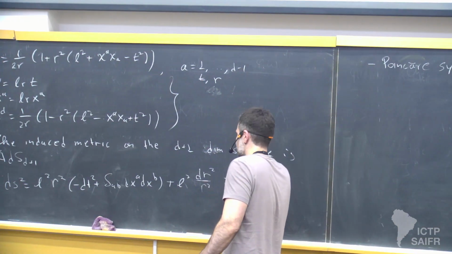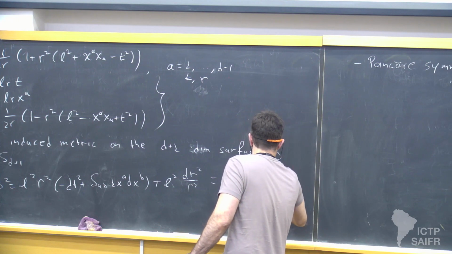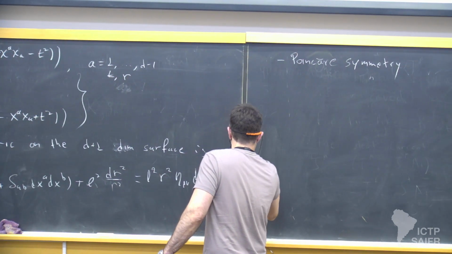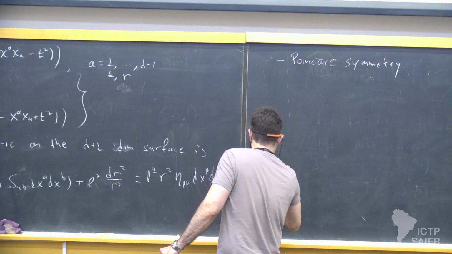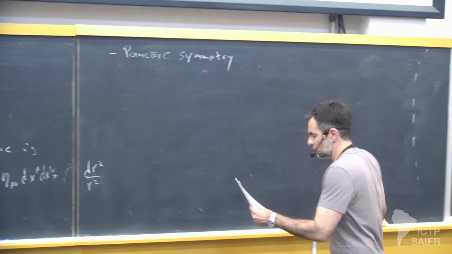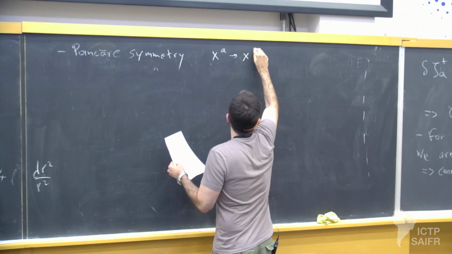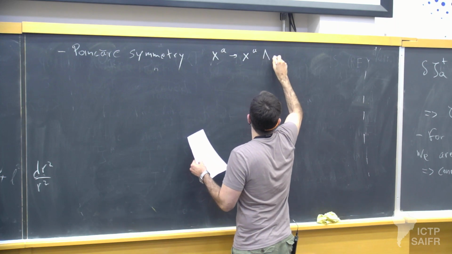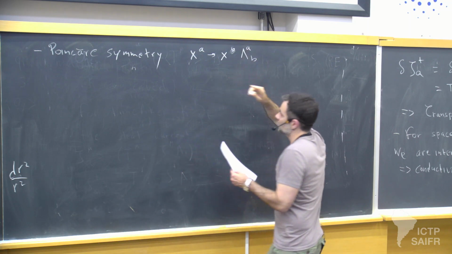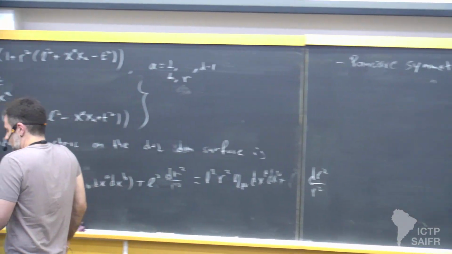If I write this as L squared r squared eta_{mu nu} dx^mu dx^nu plus L squared dr squared over r squared, the Poincaré symmetry is just obvious from this form. I would just have to take x^mu and contract it with a Lorentz boost.